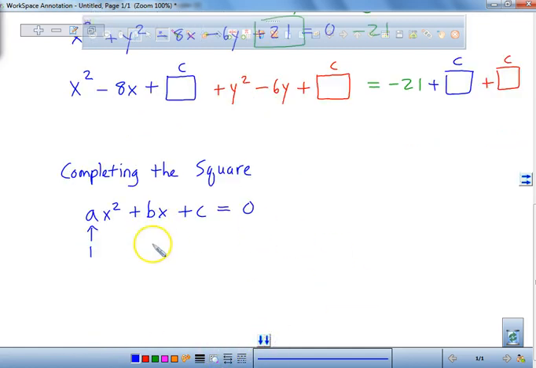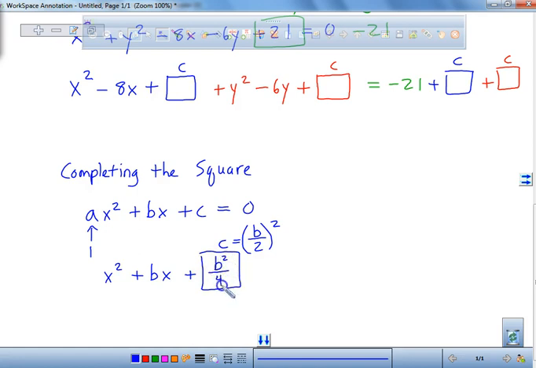The next thing you need to understand is you have 1x squared and a value known as b, which is the number directly in front of the x, and you want to have a perfect square that's being completed. The c value will always be whatever the b value is divided by 2, squared. So this will always become b squared over 4.